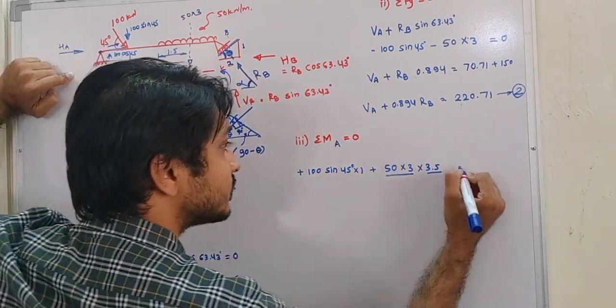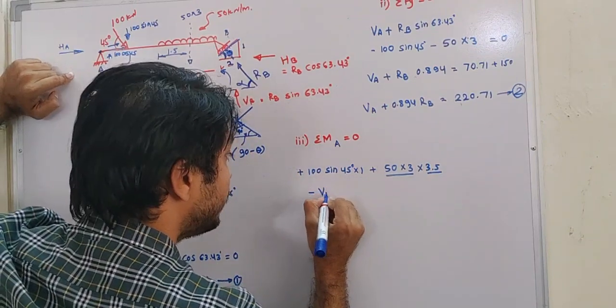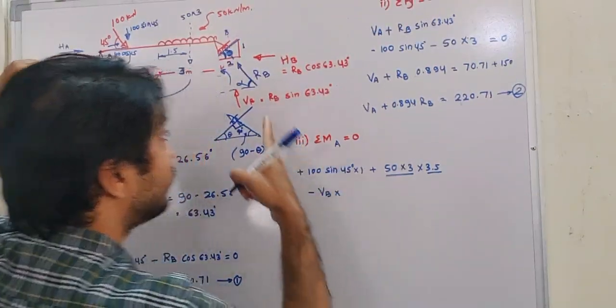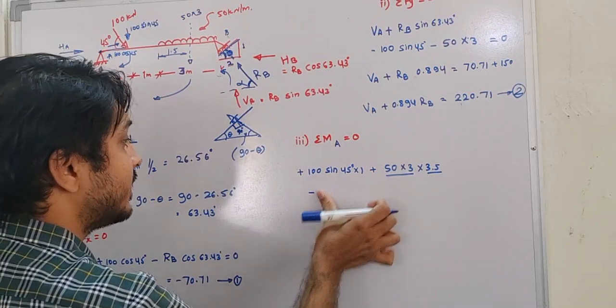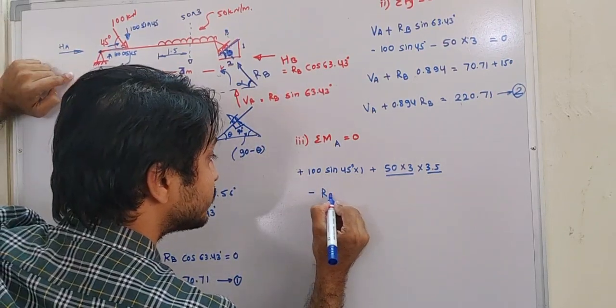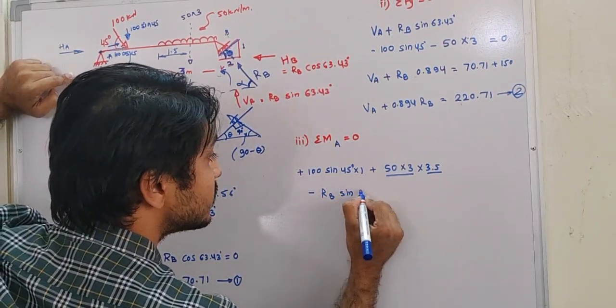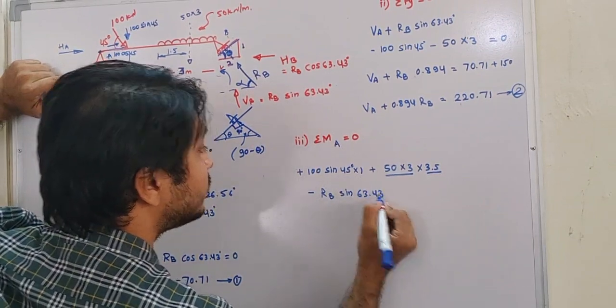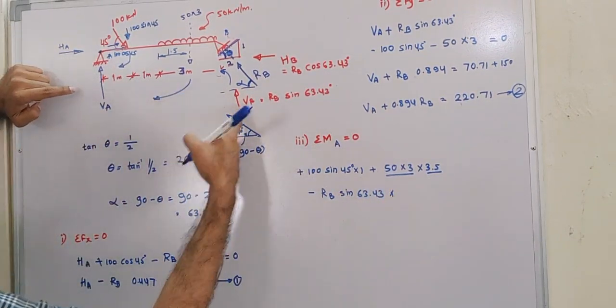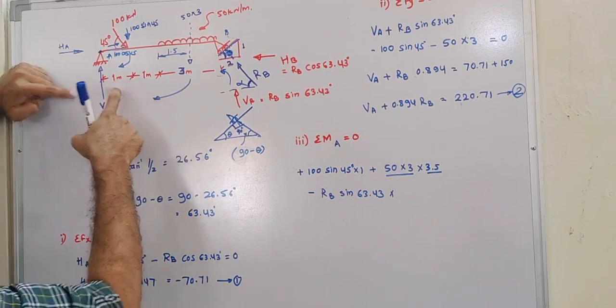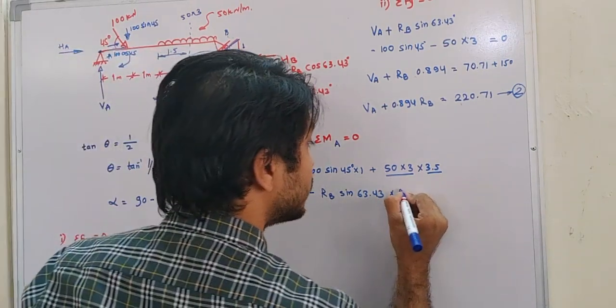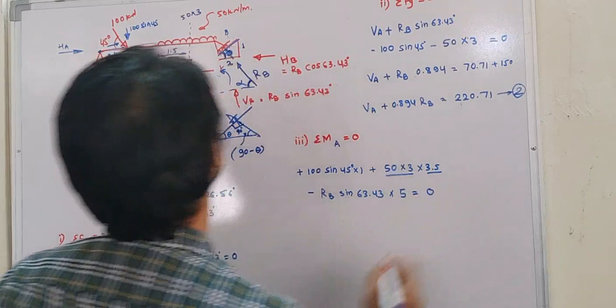So that is minus VB into distance. VB I write directly as RB sine 63.43, into distance. How much is the distance from here? 3 meter, 4 meter, 5 meter, correct? So 5 is equal to 0. Anything else we have missed?